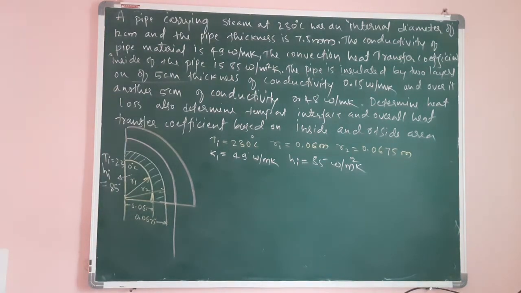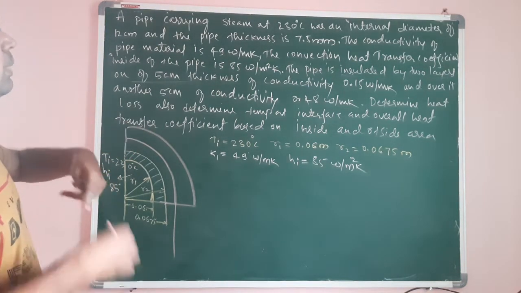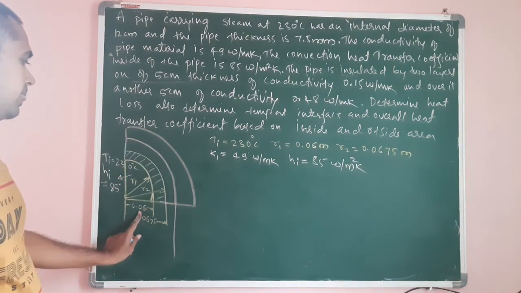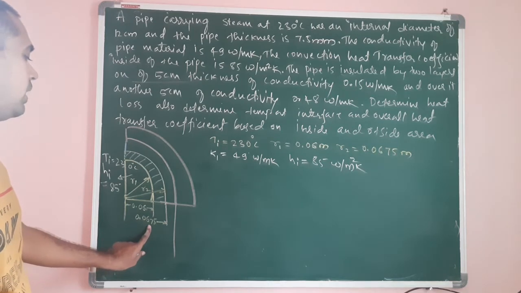Okay, 5 centimeter thick, which means R1 is 60 mm, R2 is 67.5 mm.